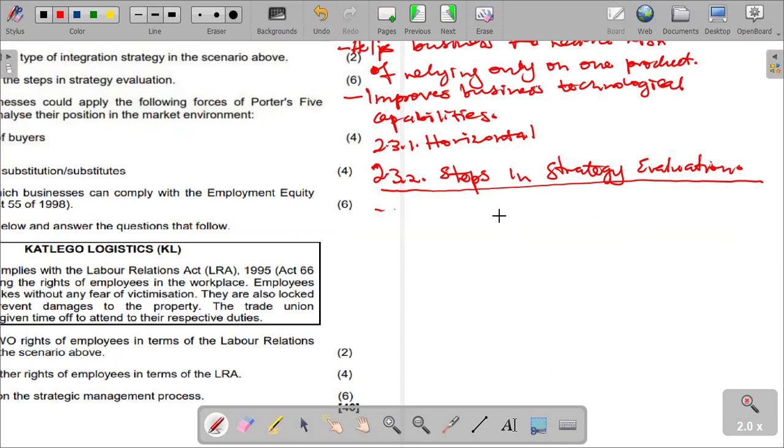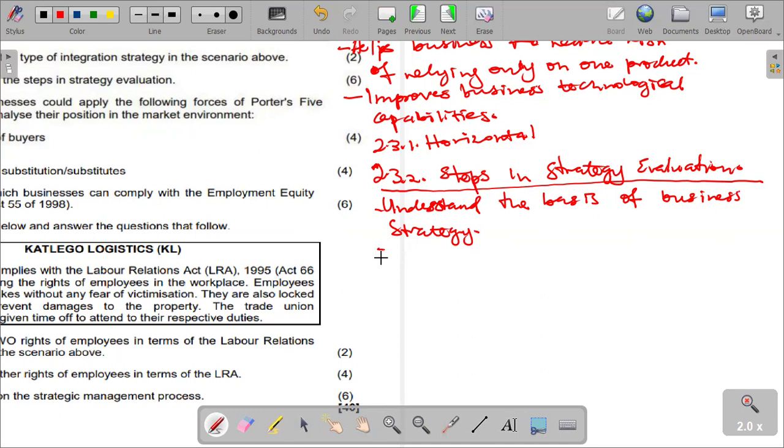One, examine the underlying basis of the business strategy. Understand the basis of business strategy. It is step number 1: understand the basis of business strategy.